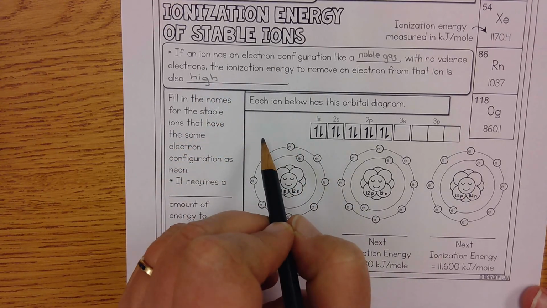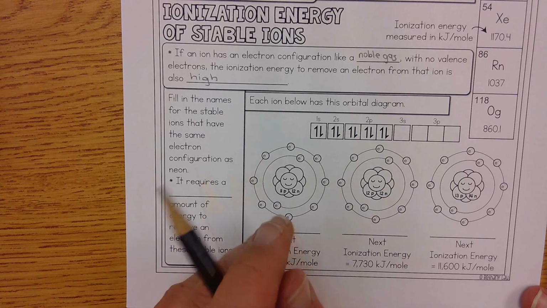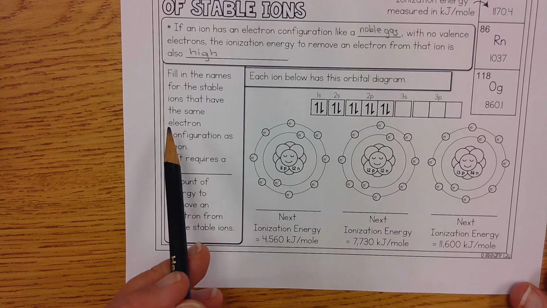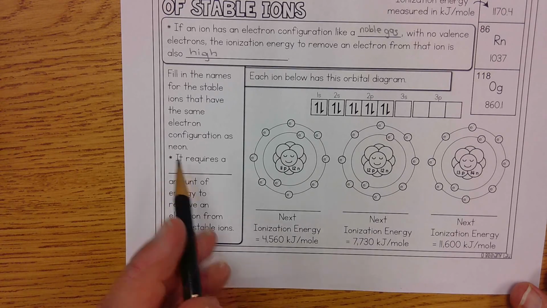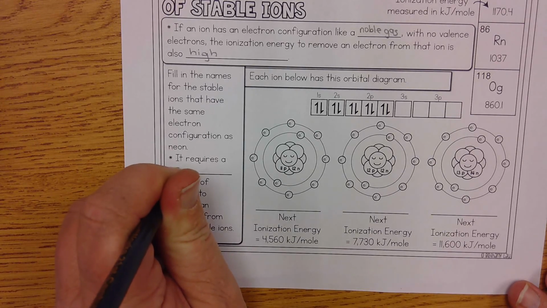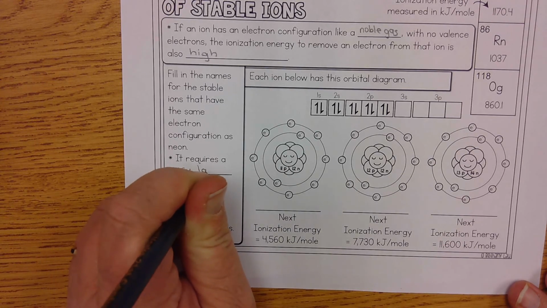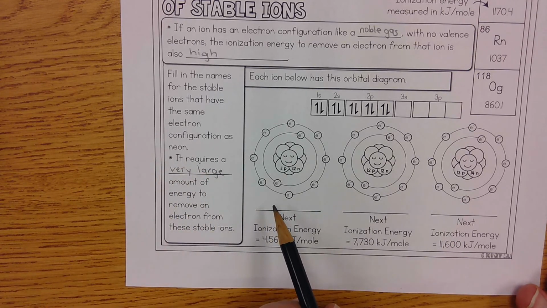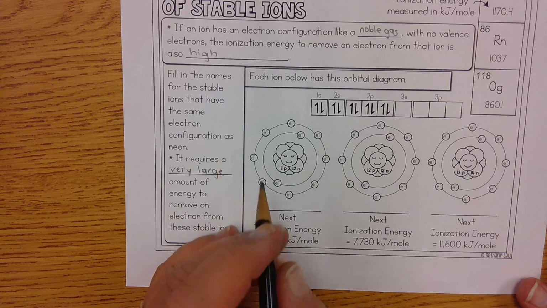We talked about that at the end of the last video. So it just requires a very large amount of energy to remove an electron.